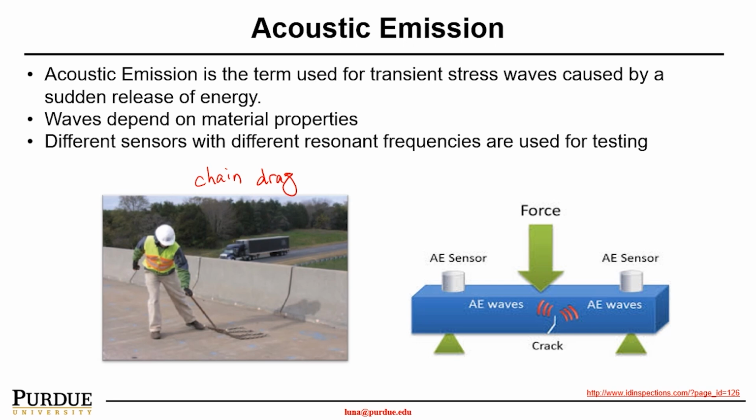This typically induces a very quick transient stress by releasing energy, and then based on the material's acoustic property, we can identify whether there is a defect or not. Again, the detailed explanation and underlying physical principles will be discussed in course number 2.